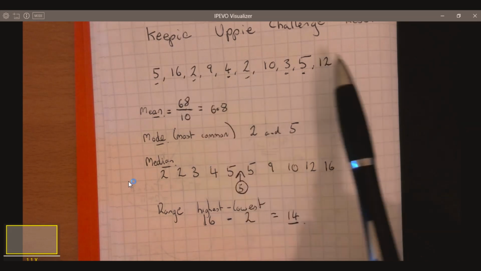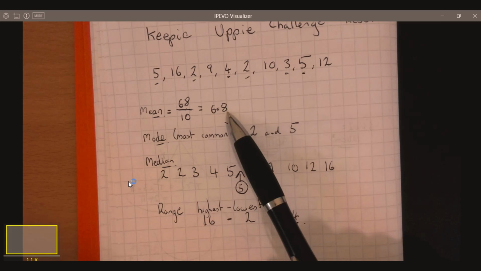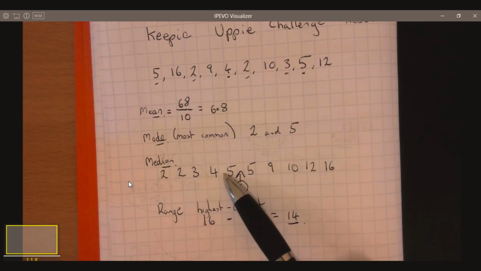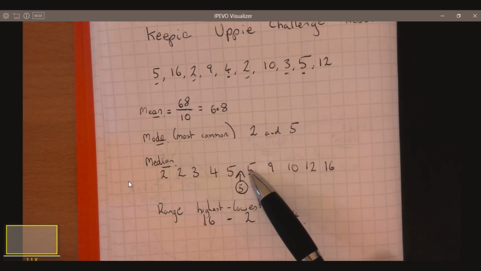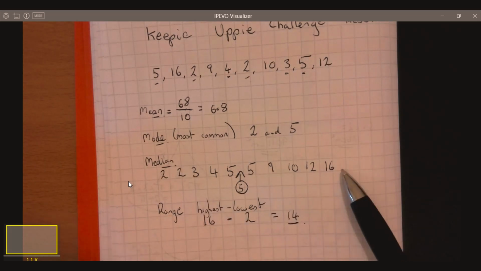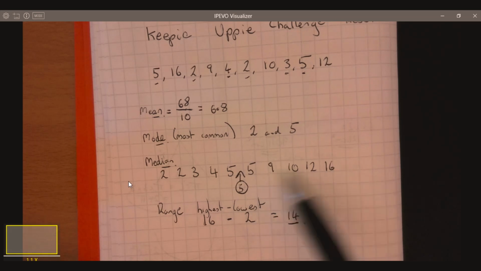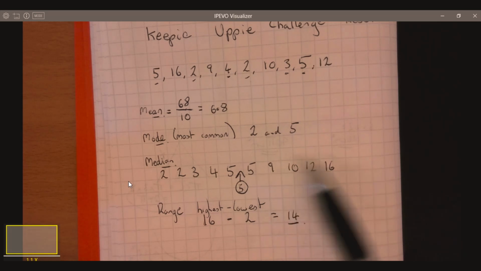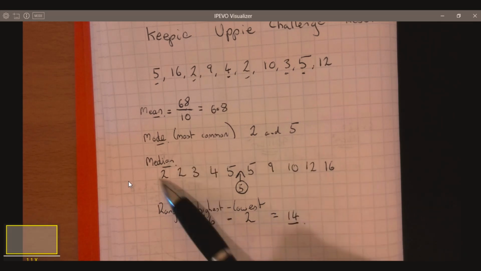It's making it sound a little bit more respectable than it really was, because actually there were 1, 2, 3, 4, 5, 6 that were 5 or under. There were only 4 times I did it that were 9, 10, 12, 16. Only 4 times was it reasonably high. Most of the time it was all down here.